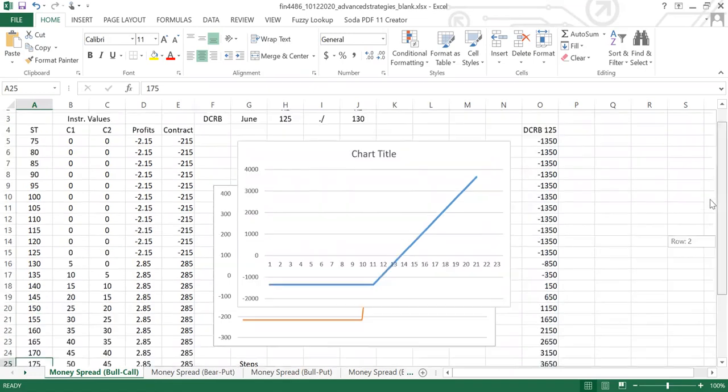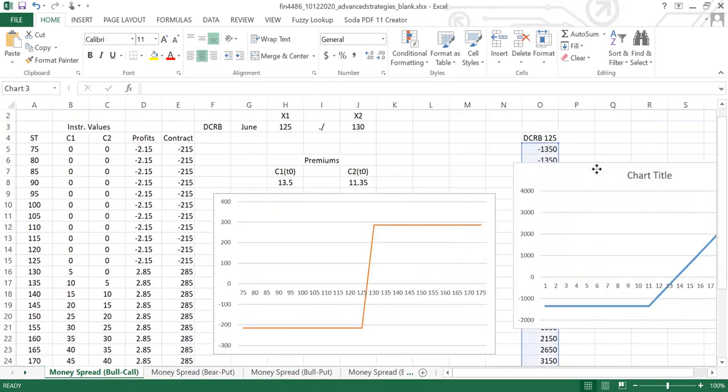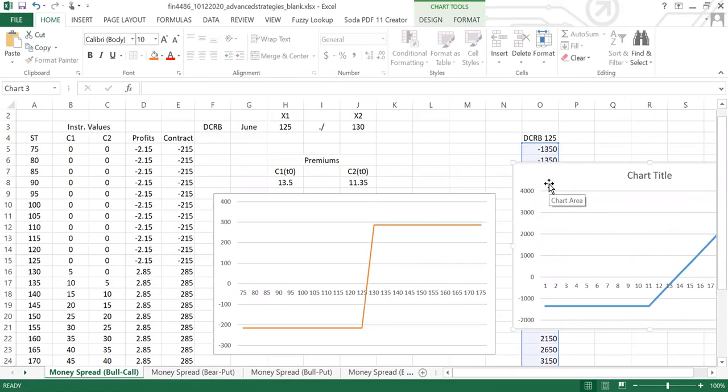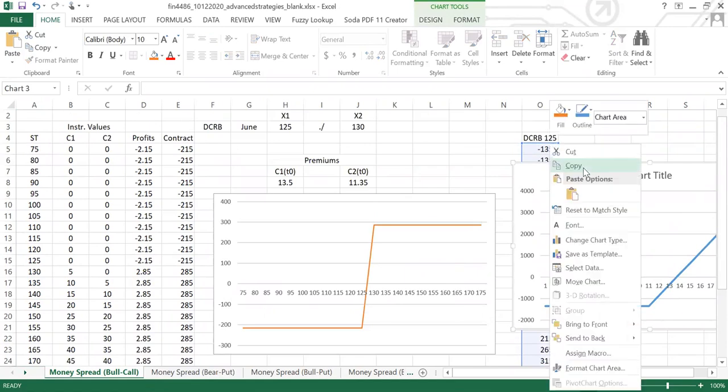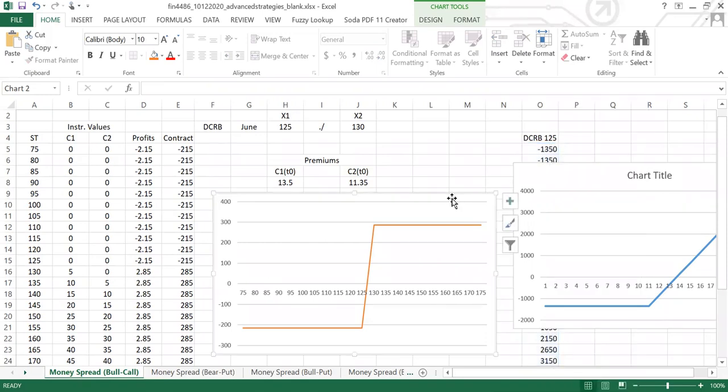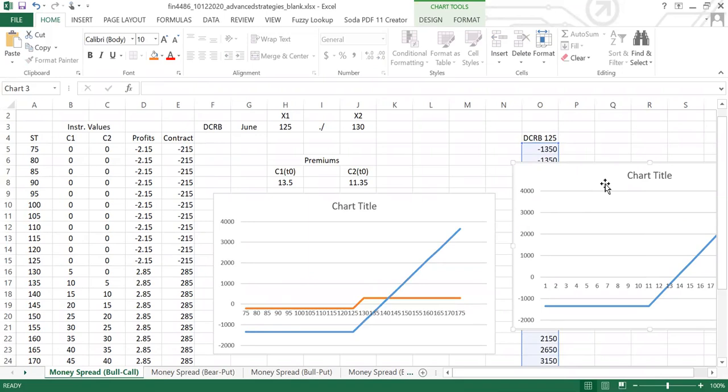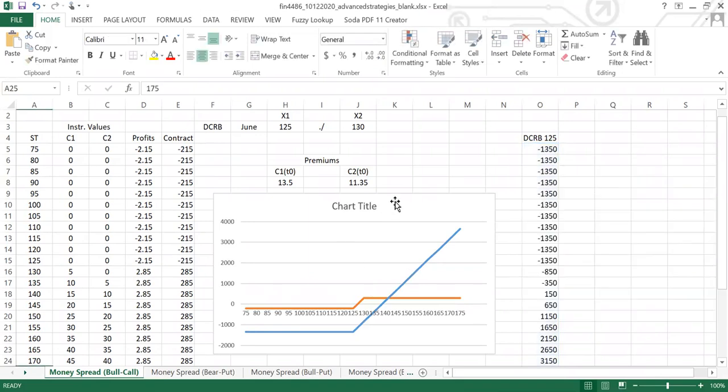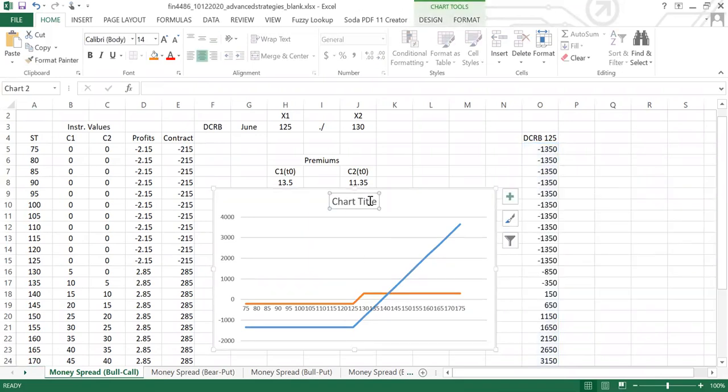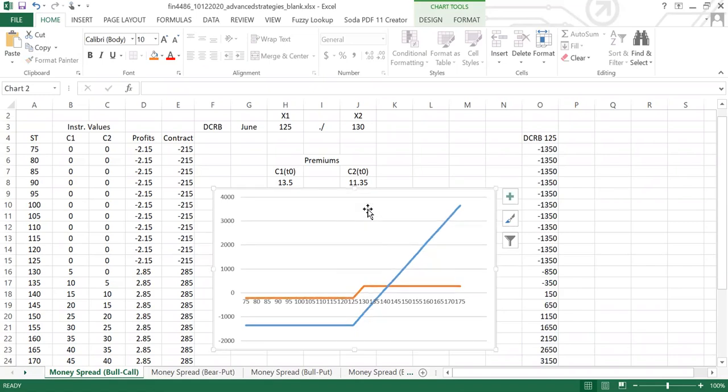So we create a new line, only showing the call option, and then you can just copy this one. You click on the previous chart and you paste it, and then you got it. You're combining the two charts in a single chart that has the two lines, right? So there you go.